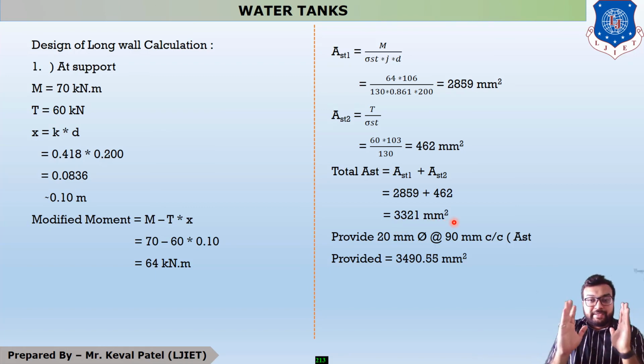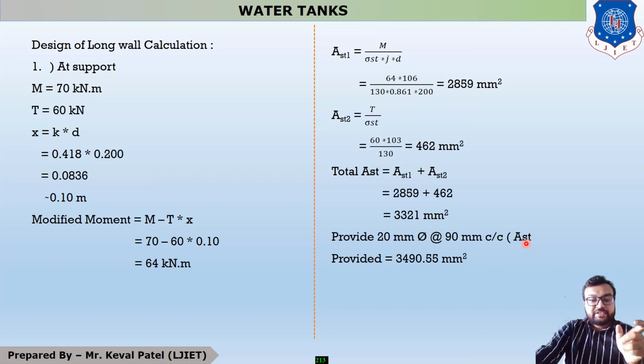Now, in the rectangular water tank, we have to provide 16 or 20 mm diameter bars. So, with the help of Ast, first of all, we have to find out the spacing provided and Ast provided. So, our final answer is 20 mm diameter at 90 mm center to center.